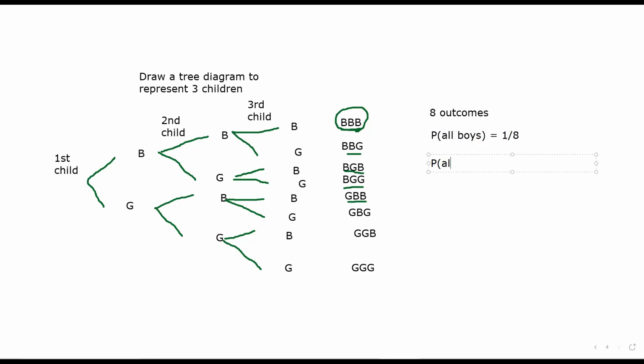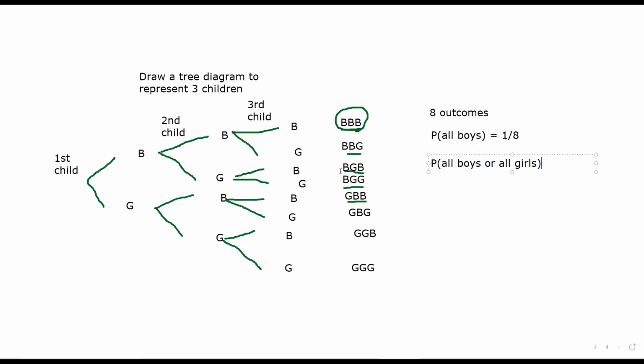Now, how about the probability of all boys or all girls? What do we have to do here? We have to look. Well, here's one with all boys. Is there anything with all girls?